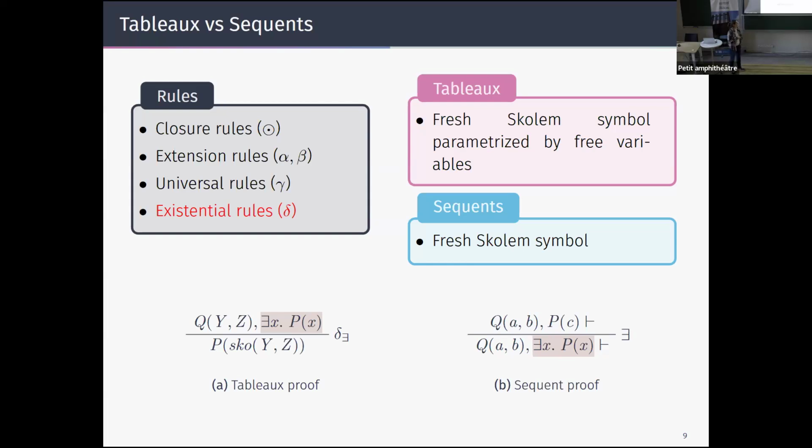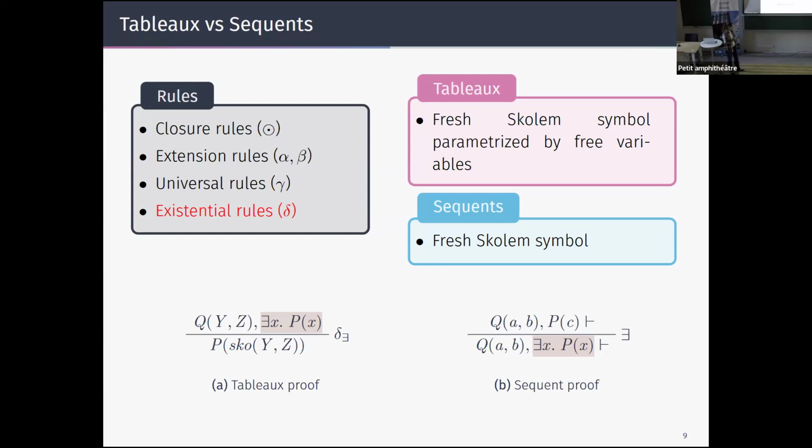In sequence, since there is no free variable, I just generate a fresh Skolem symbol. So when I have exists x, P of x, I just generate P of c. That's great, and that works mostly.